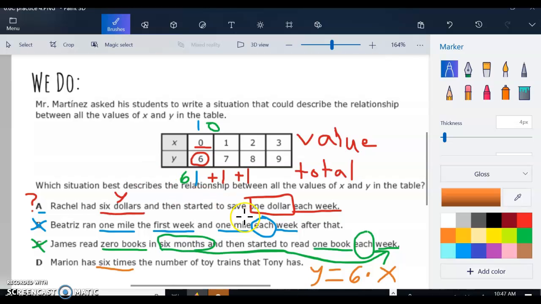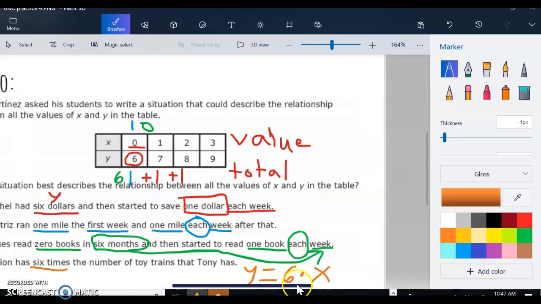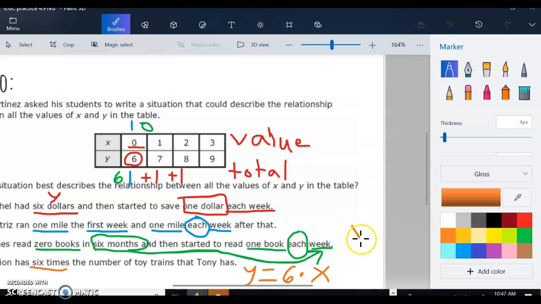If we put the values into the equation, y equals 6x, from our table over here, let's see if we can do that. So let's do 6 equals 6 times 0.